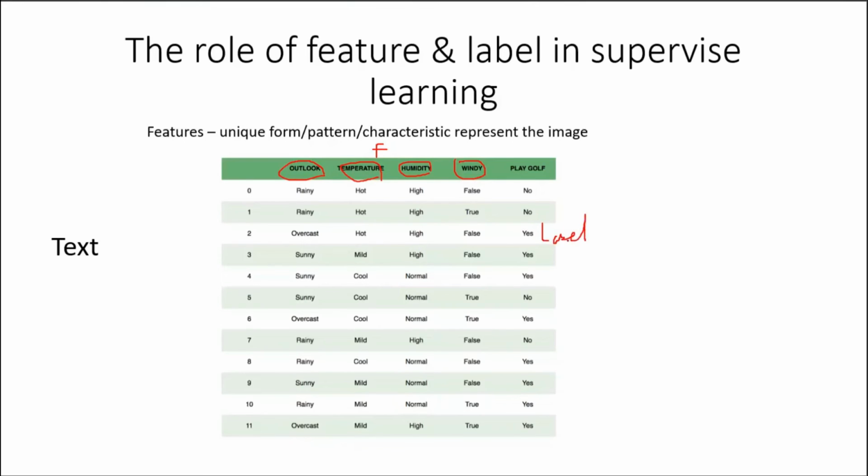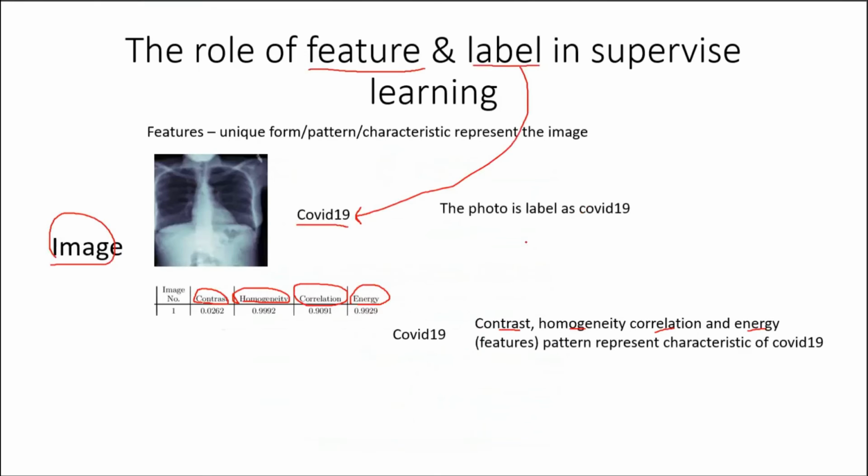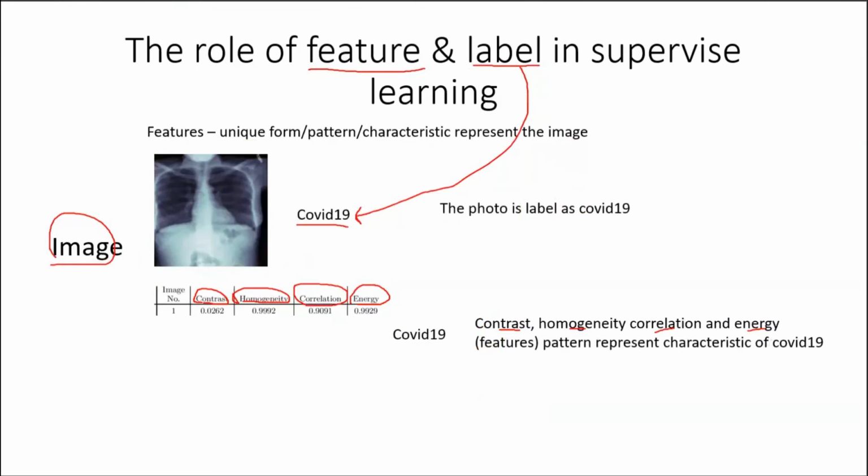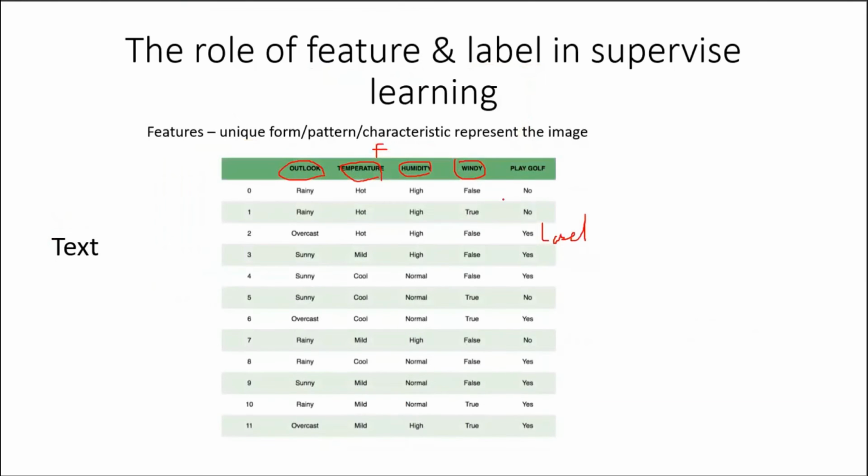The label is only two, yes or no. Okay, COVID-19 or not COVID, dog or cat or whatever classification. They got yes or no, simply like that. Yes, it is fraud. No, it is not a fraud. Yes, it is a scam email. No, it is not a scam email.